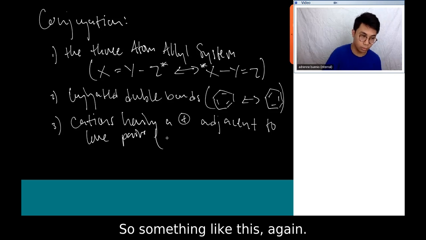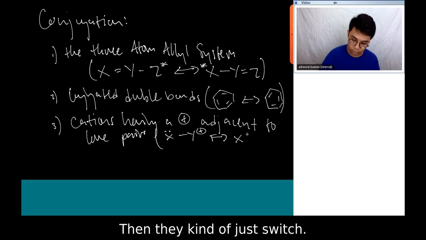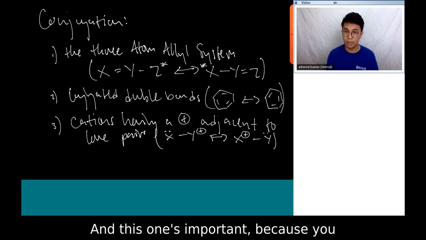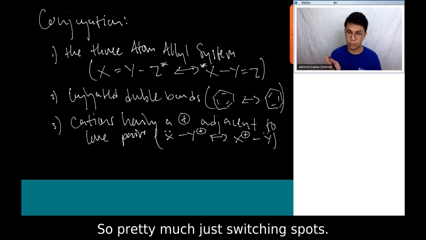Lone pairs. So something like this. Again, right? And they're gonna just switch. And this one's important because you can see that they're right next to each other, right? So pretty much they're just switching spots.